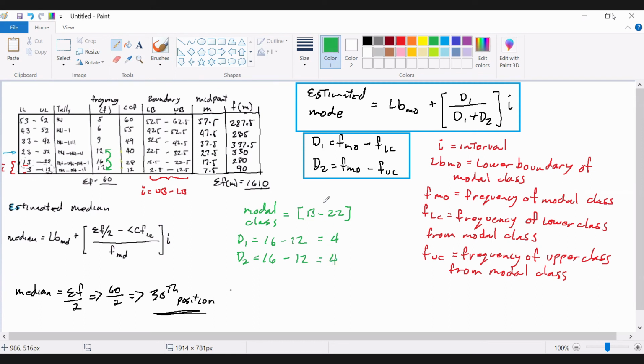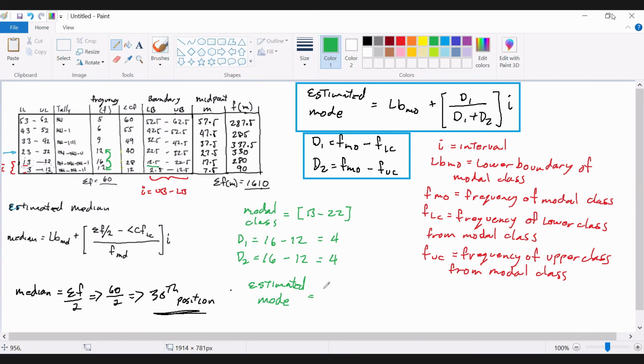Next is place all info here. So estimated mode is now equal to lower boundary of the modal class. It's that one, 12.5.